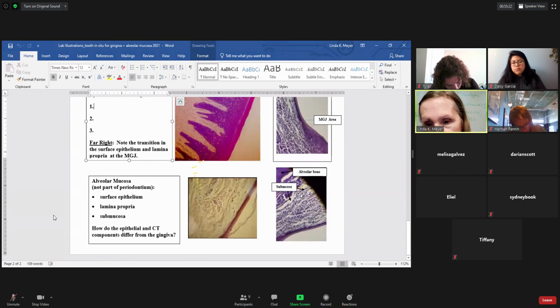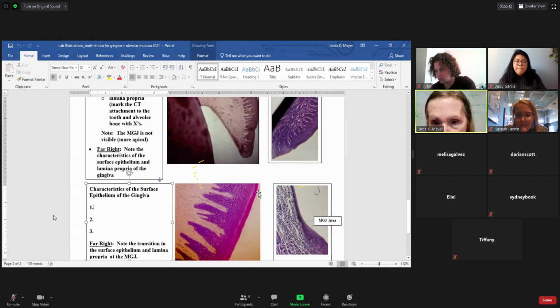And then this just shows you loose connective tissue between the bone. This alveolar mucosa, remember, is still connected to this bone, and there's a little bit of muscle right there, but it's a much looser kind of connection.